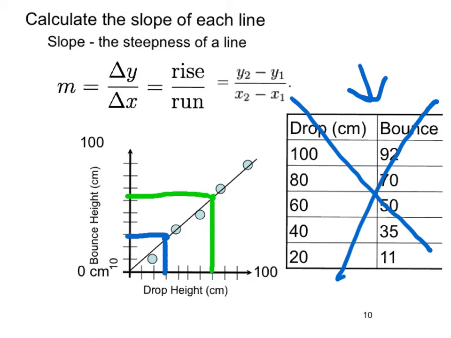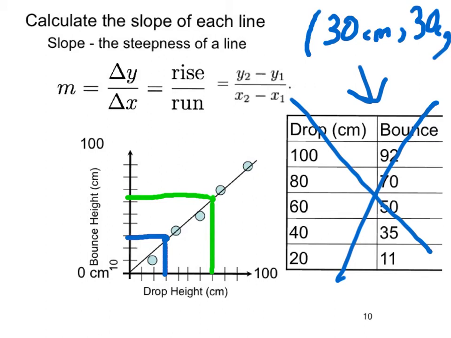Now I need to write down the coordinates for each of my points in x, y form. So the point that is blue has coordinates 30 centimeters, 30 centimeters. How very convenient.